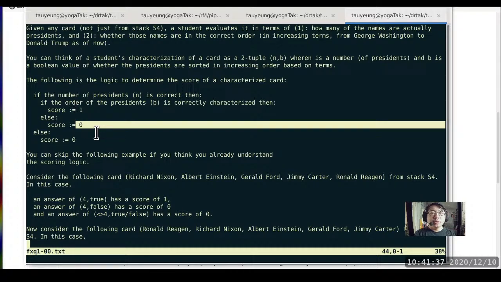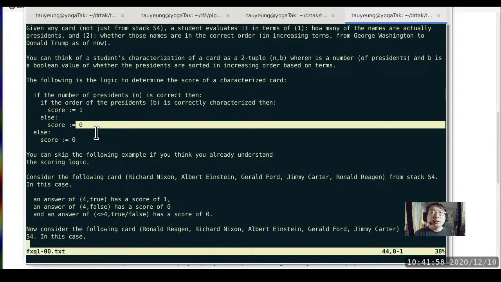So that means a score of 0 applies to a card where the characterization counted the wrong number of presidents. It can also be applied to a characterization where the number of presidents is correct, but the ordering is misidentified.